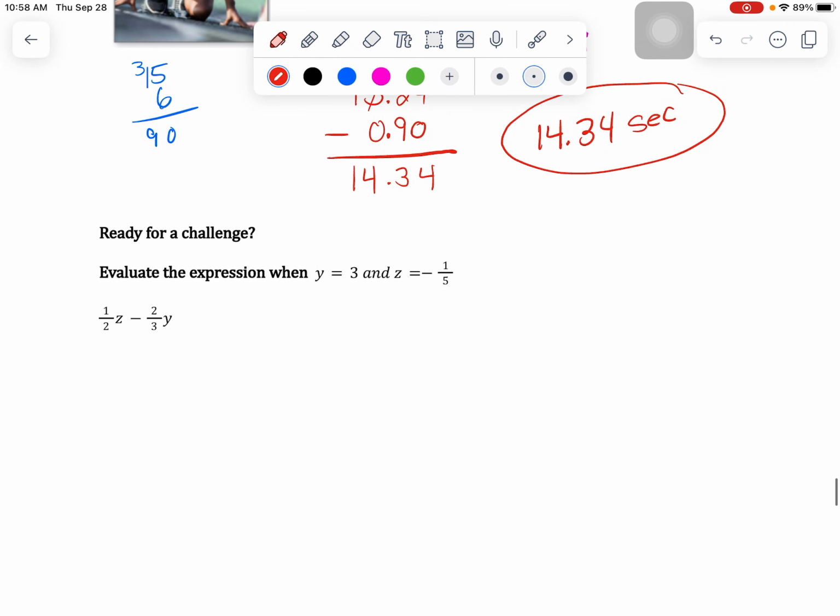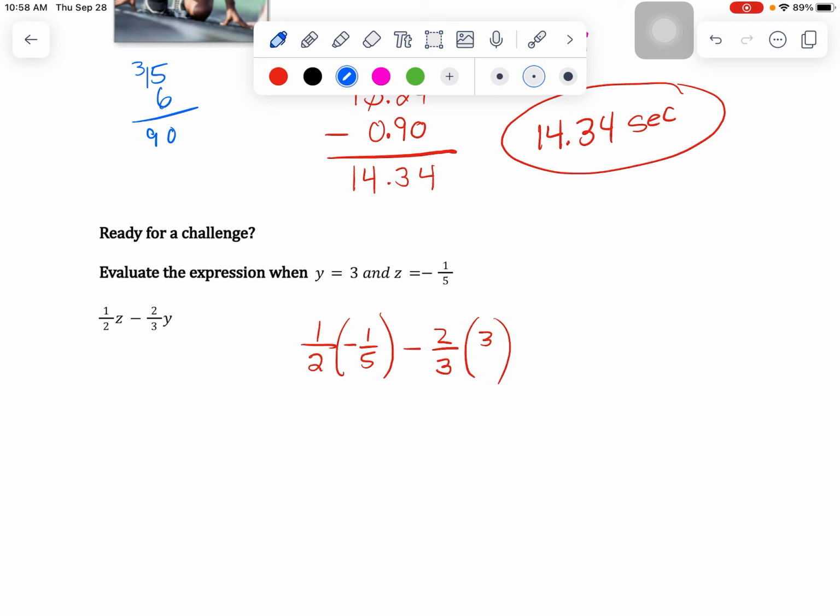And then finally our challenge, if you got to the challenge, this one you had to use substitution. So for this problem, I would substitute that value in. So I get 1/2. Z was a negative 1/5. And then minus 2/3. Y was 3. Okay, so if I multiply these together, I can multiply across, right?